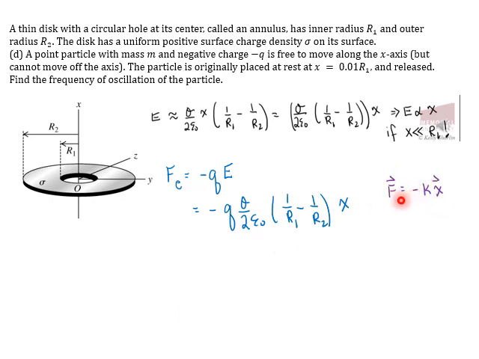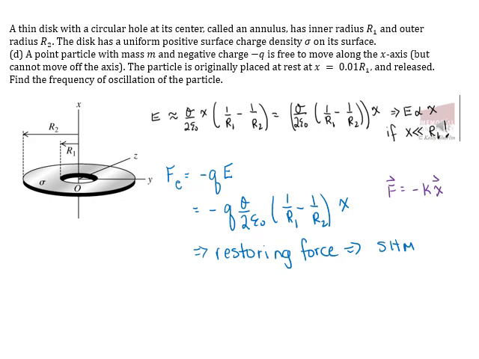In Hooke's law, when we discussed simple harmonic motion, we saw that any force that's opposite the displacement, in other words, a restoring force or a force that pushes towards equilibrium, and proportional to the displacement, results in simple harmonic motion. That's what we have here. The force is in the opposite direction to the displacement and proportional to it. So this force is a restoring force, which results in simple harmonic motion or simple harmonic oscillation.